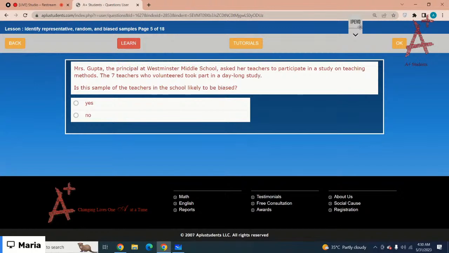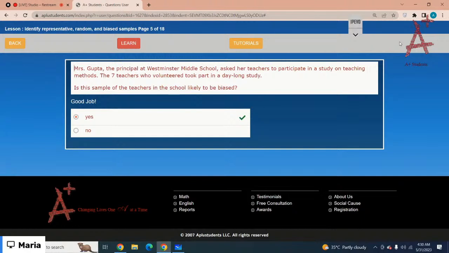So the 7 teachers who volunteered took part. The given data is biased. Yes, that would be biased. The correct option is yes, because the people selected are not the same as the ones not selected, so it would be biased.